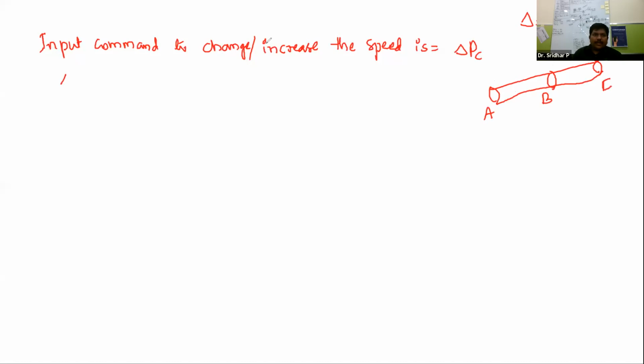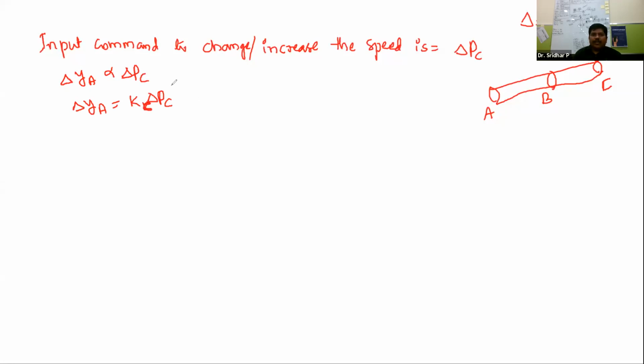Now what happens whenever delta PC is there? There will be a change in delta YA, which is directly proportional to delta PC. So delta YA is suppose K1 into delta PC, sorry, Kc into delta PC. Just any constant, no problem.